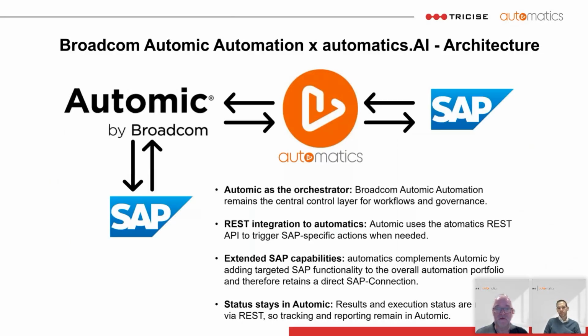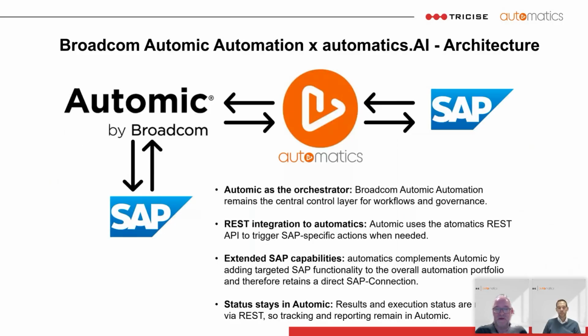But we also have built, and we are the orchestrator there, an action pack where we use the REST API of automatics and integrate automatics and give them some tasks that have to be or can be executed on an SAP infrastructure layer. What is also important there, whenever we have executed this, we also for sure get the feedback and can store the output in Automic.